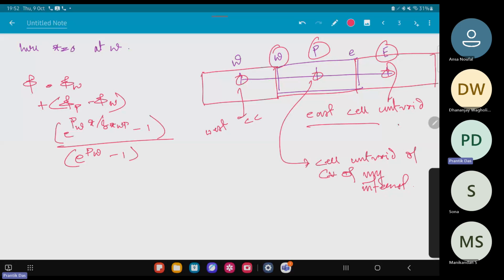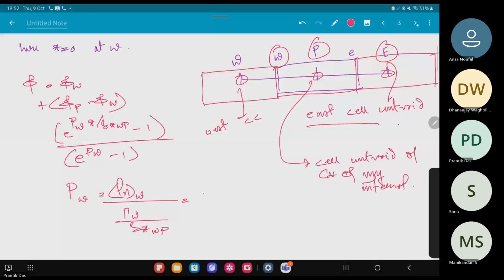That's why I'm writing this equation in that manner. So Peclet number small w is equal to rho u small w divided by gamma w divided by delta x w. This nomenclature I've already used, so this becomes Fw divided by gamma w by delta x WP.